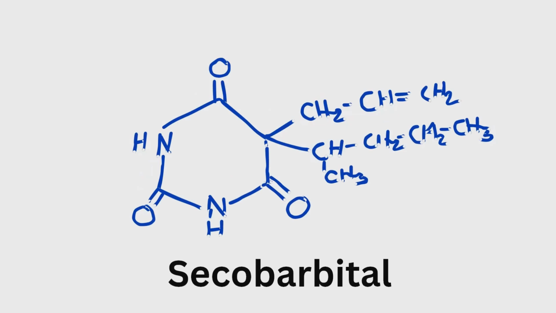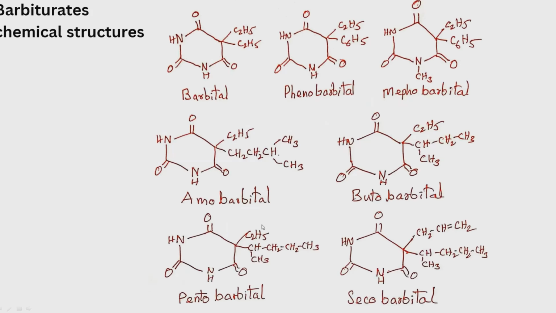And secobarbital. To the barbituric acid at 5th position, vinyl group is there and pentyl is there. So this structure is called secobarbital. All the barbiturates are given in the same sheet. You can take a screenshot of this sheet and practice.